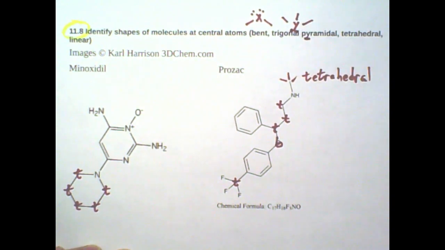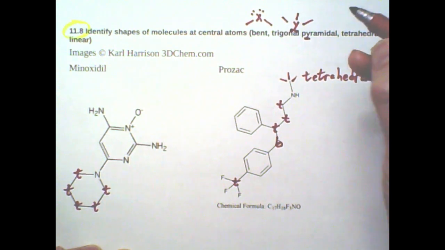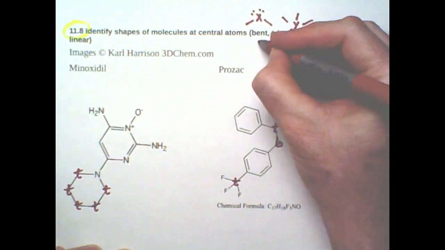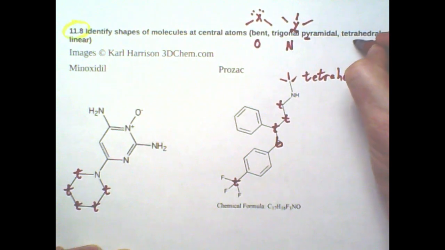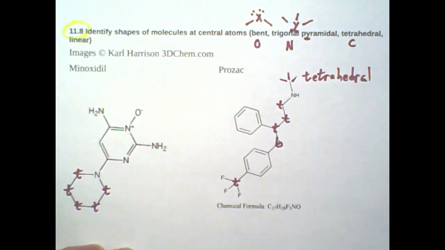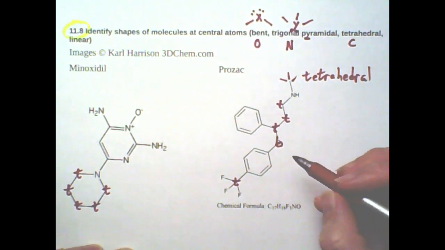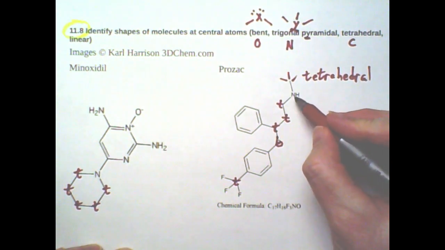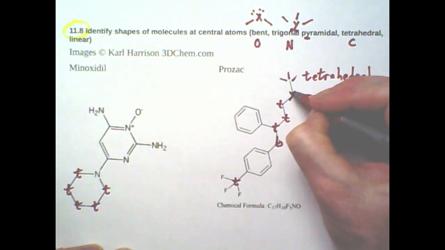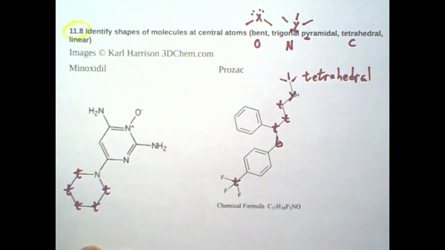Here it's an upside down trigonal pyramid, but typically that's going to be with N, just like bent was with O and tetrahedral was with C. So let's go in. Here's a possibility. It's got 1, 2, 3 things attached and a lone pair. That N is a trigonal pyramidal shape.